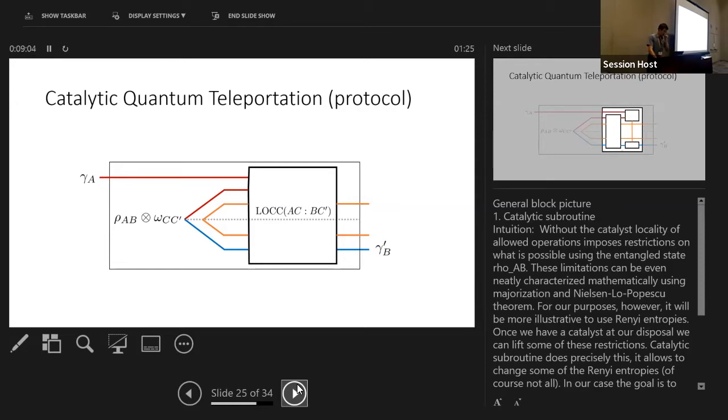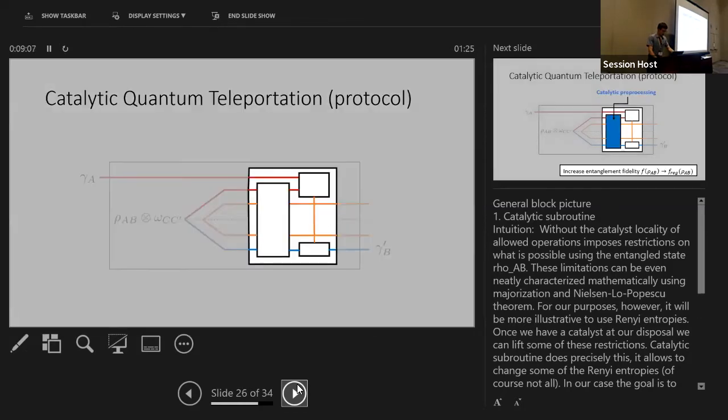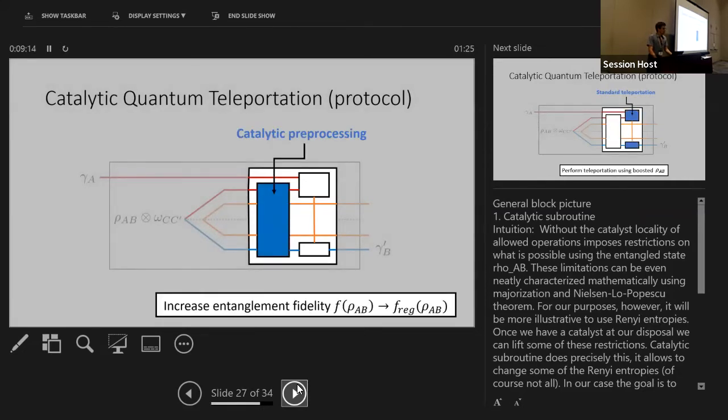Okay, so we have our teleportation protocol, and now we decompose this LOCC map into two steps. The first step is something we call a catalytic preprocessing. This is a subroutine which essentially boosts the entanglement that we have in our state to something bigger. Intuitively, you can think of this as a way of reshuffling entanglement in the joint state of rho and the catalyst in such a way that the properties of entanglement that are useful for teleportation are improved on one part of the Hilbert space.